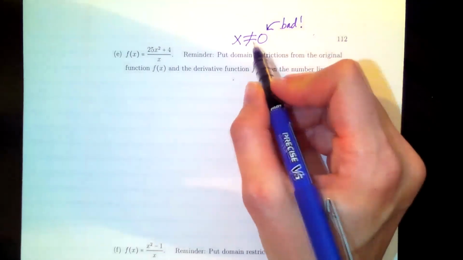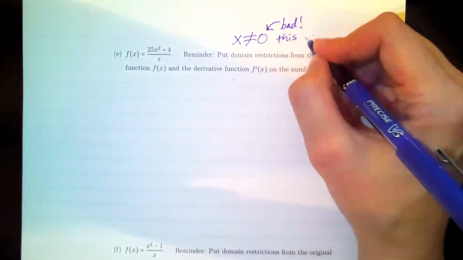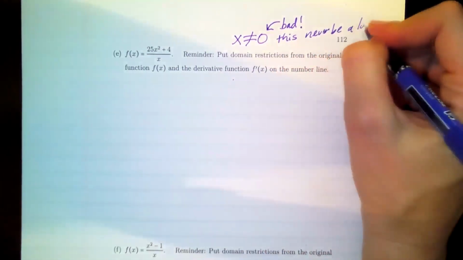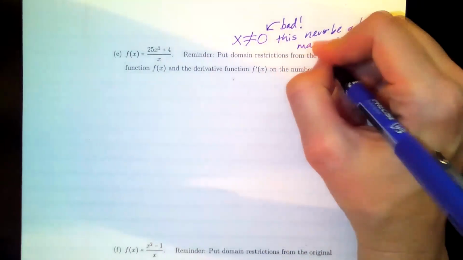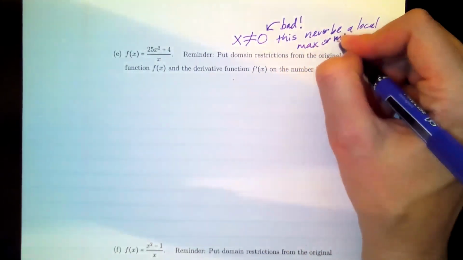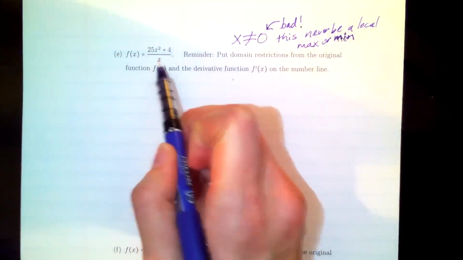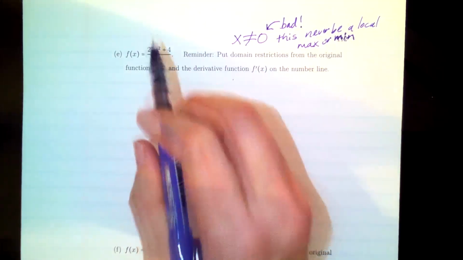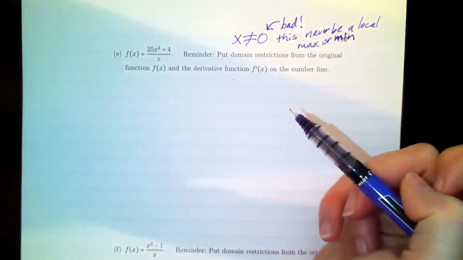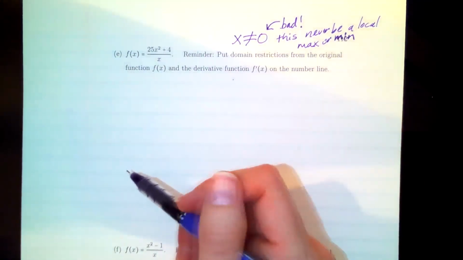But even though they're on the number line, this can never be a local extrema. It's probably going to be a vertical asymptote instead. Domain restrictions of the original function can never be a local max or min. So we just know we're going to have to put that on a number line once we get to it.